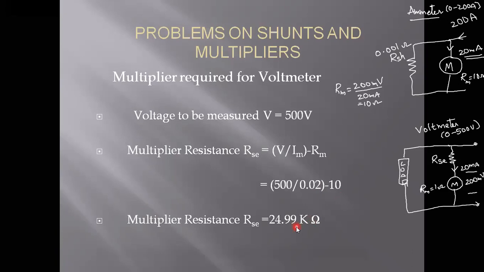So the multiplier resistance is 24.99 kilo ohms. Very huge. Please note it down. Hope you're clear with the problem. I'll have a quick recap. We have simply used formulas here, which we have derived earlier.